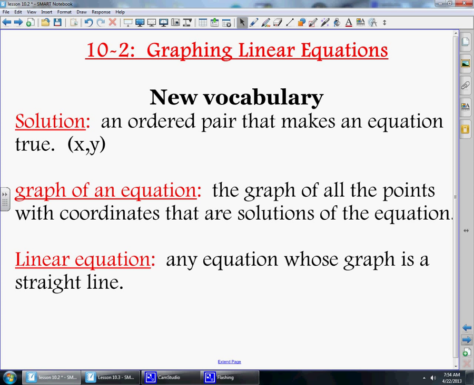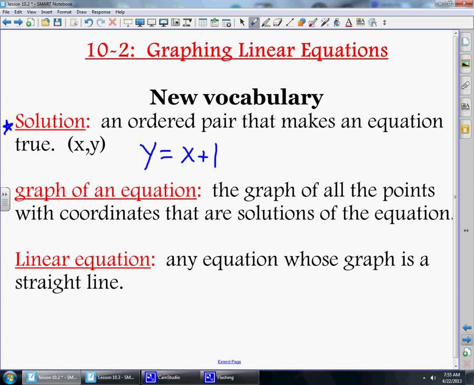The first definition is solution. A solution is an ordered pair that makes the equation true. What that means is when you have an equation like y equals x plus 1, you want to find numbers that you can put in for x and y, which are going to be your ordered pair that would make this true.